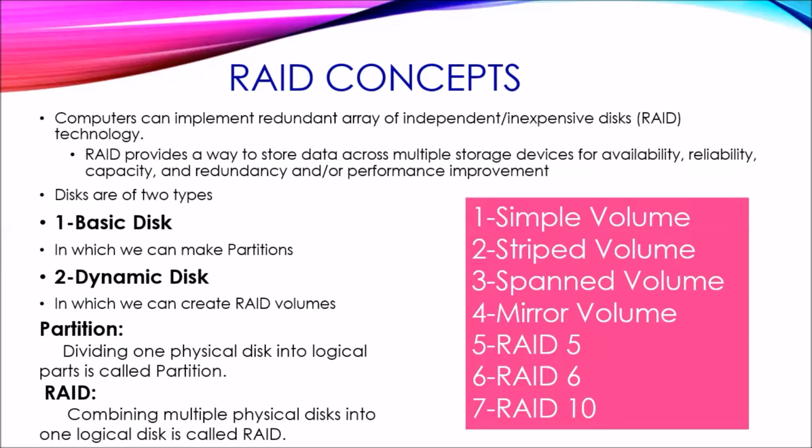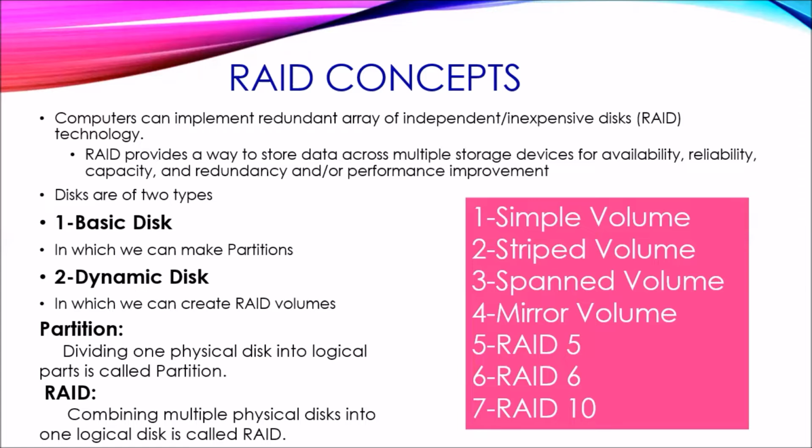In this case, the type of our disk is a basic disk. Another type of disk is a dynamic disk, in which we can create RAID volumes or special volumes. So remember that if we want to use RAID technology, the type of our disk should be dynamic. But the normal disk on which we install the operating system is normally a basic disk.